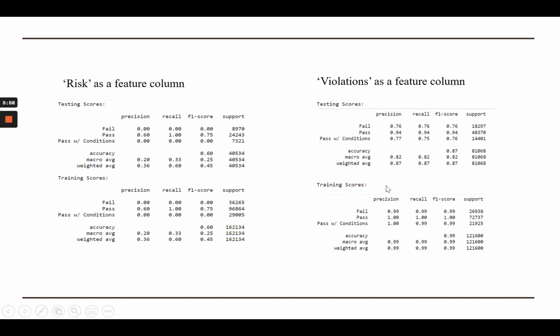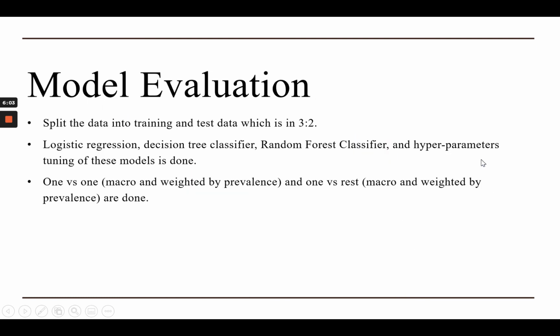As for testing and training scores, testing is 87% and training is 99%. I then did some model evaluations. At the start of the model evaluation, I broke the data into training data and test data, a 3:2 ratio, or 0.4, meaning 40% of the data is test data and the remaining 60% is training data.